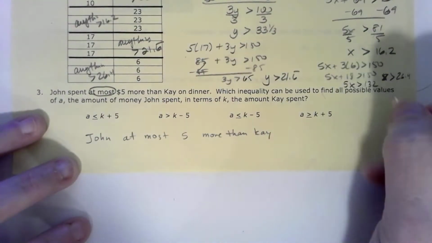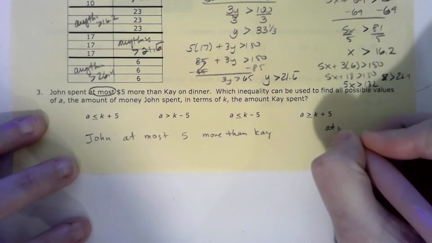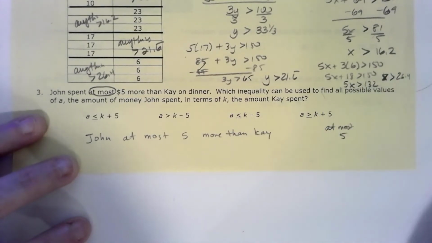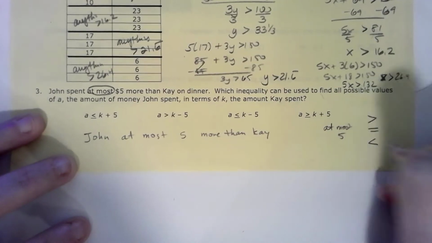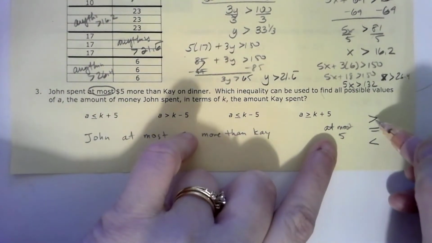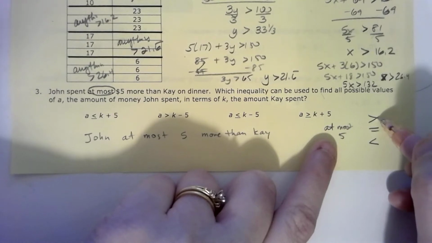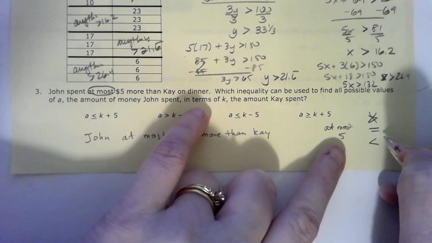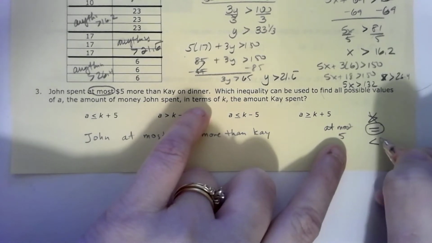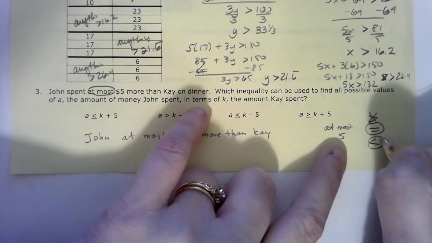Now, at most, we're going to say at most 5. So that's greater, less than. If I'm at most 5, can I be greater than 5? Well, the most I can be is 5, so I can't be bigger than 5. I could be exactly 5, and I could be less than.